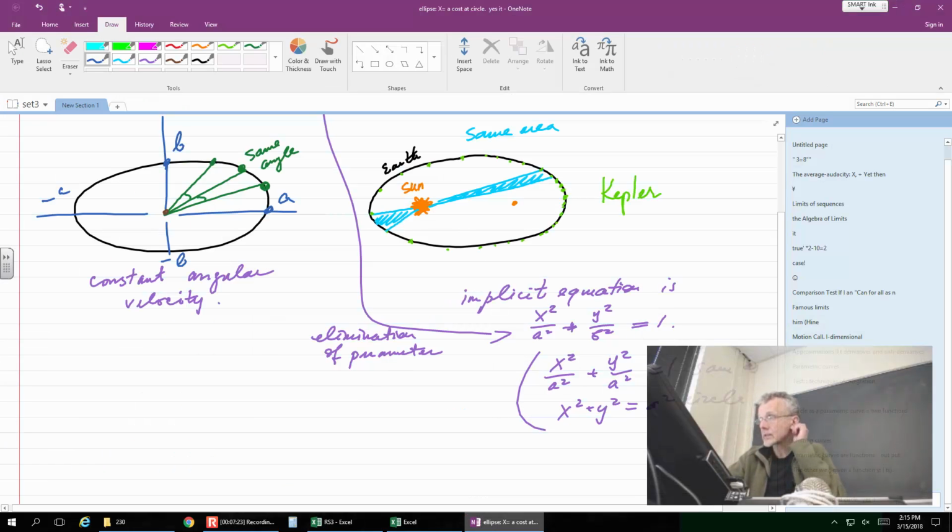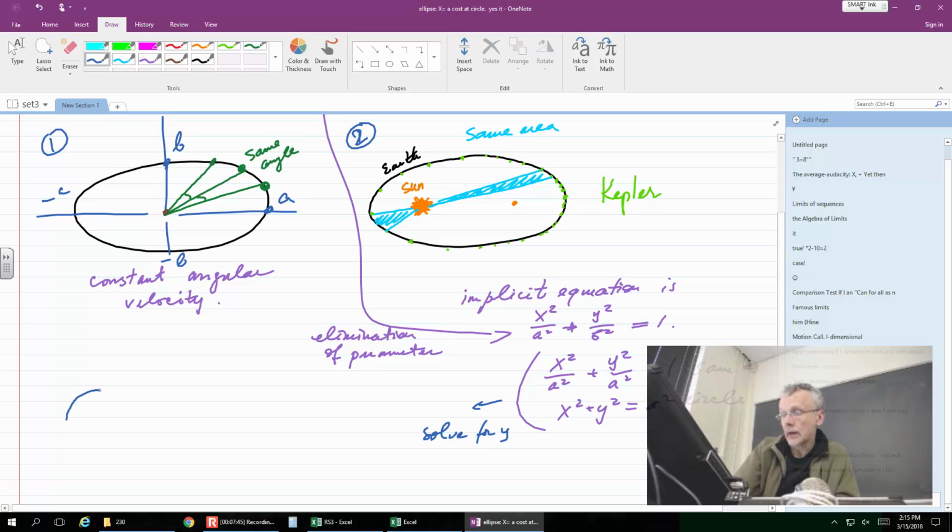So the point is that it gives me the third parameterization of the ellipse if I just solve for y. I cannot solve for y in general, but at least the two halves of the curve can be treated separately.